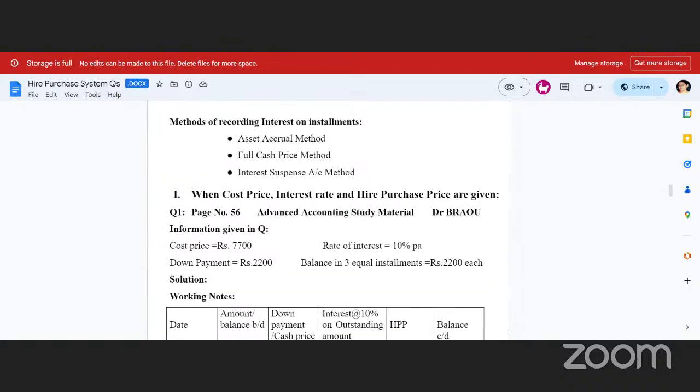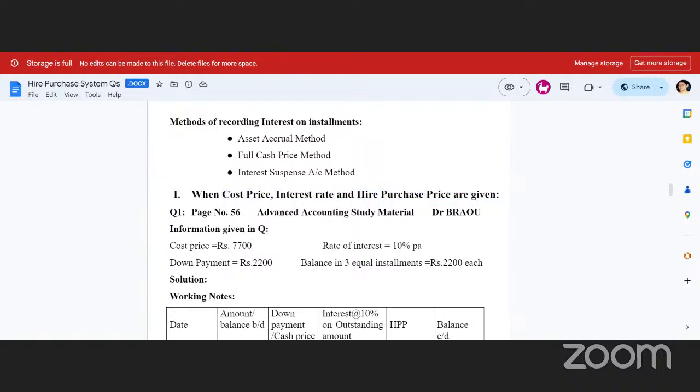See here, when cost price, interest rate and hire purchase price are given, calculation of interest based on the information given is important.